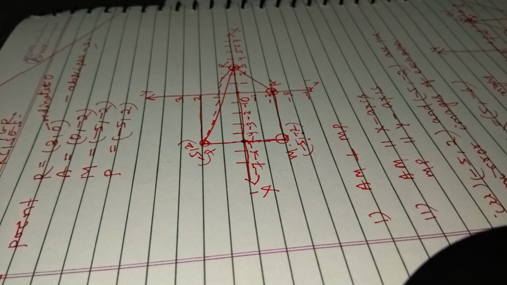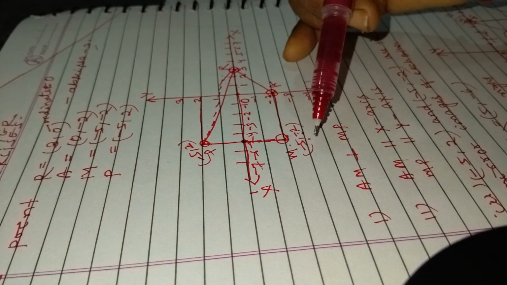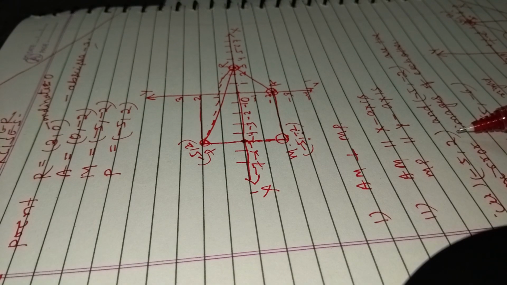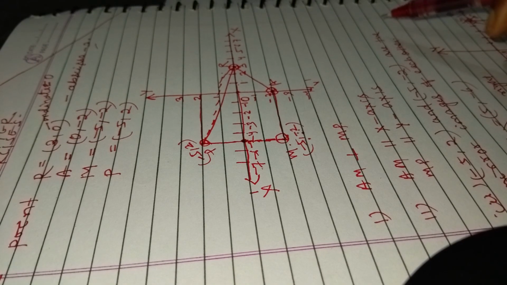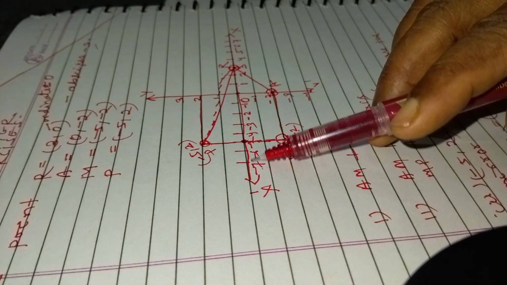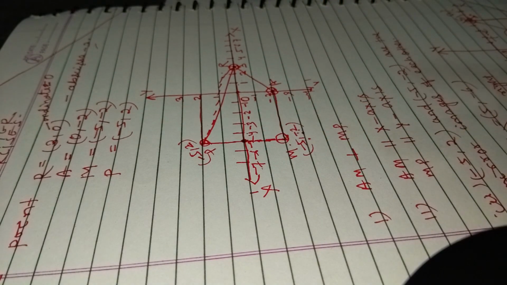You know about reflection in a mirror from physics. So these two are mirror images of each other. So (-5, 2) and (-5, -2) are mirror images of each other, from which axis? X axis. Are you clear?